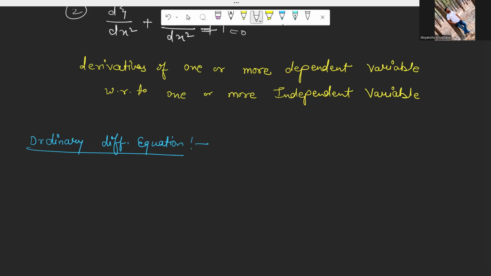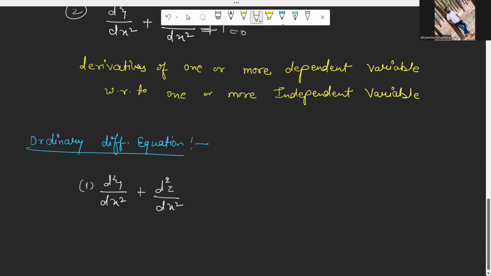An ordinary differential equation is a differential equation involving ordinary derivatives of one or more dependent variables with respect to a single independent variable. For example, first, d2y upon dx square plus d2z upon dx square equals sin x.